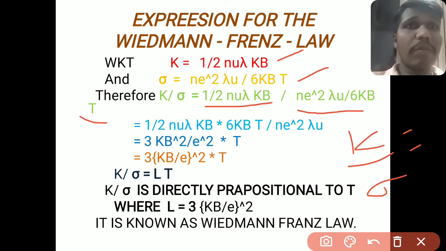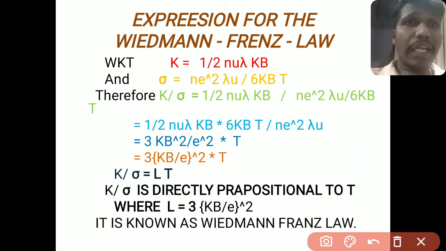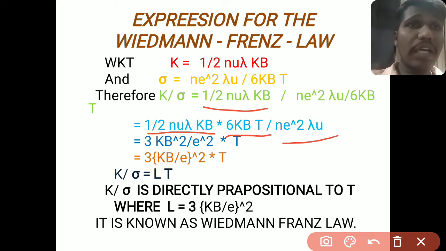So we substitute the K value and sigma value, and since 6 kB T is in the denominator, it moves to the numerator: 1 by 2 nu lambda kB for the thermal conductivity, multiplied by 6 kB T divided by n e square lambda u.